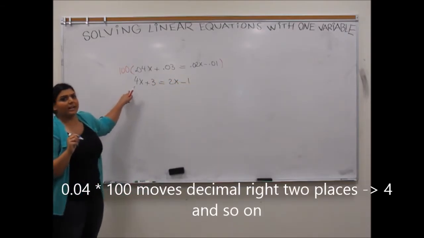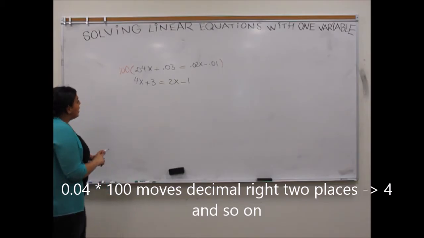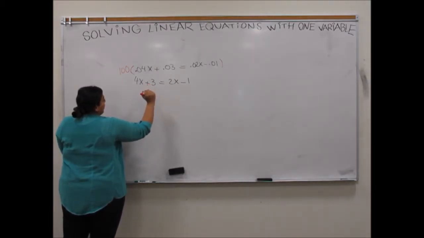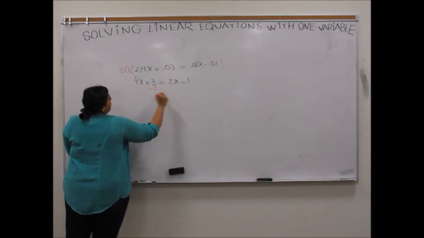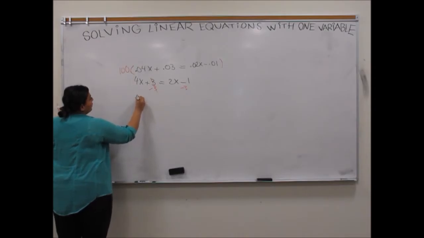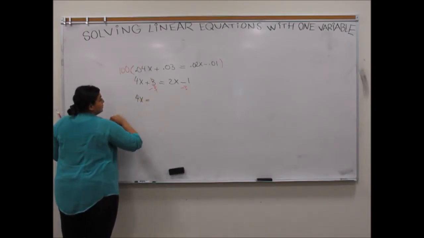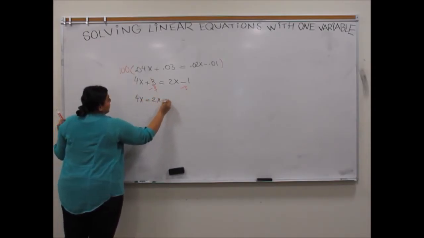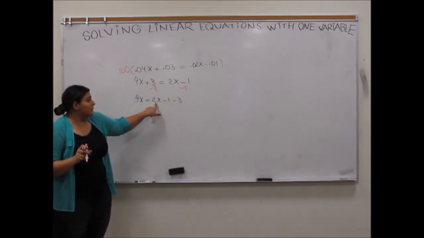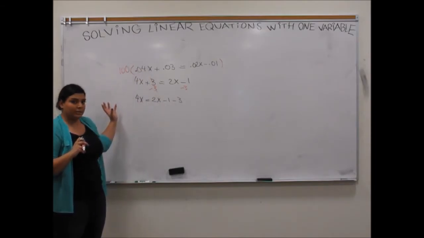So now we're good, right? It's a simple one. I'm going to get rid of this positive 3 first, so negative 3 to both sides. I have 4x equals 2x minus 1 minus 3. Now I'm going to get rid of that 2x on the right side and bring it to the left side.